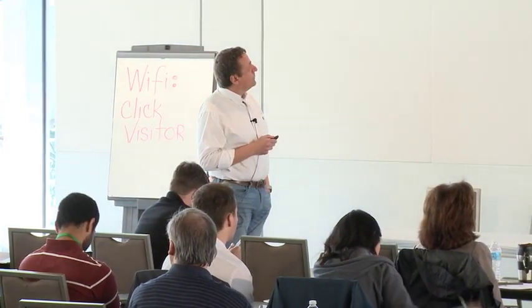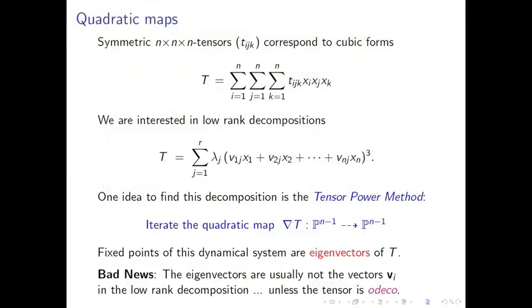Okay, so this you're very familiar with. Let's go one size up. Let's think about the n by n by n Rubik's cube. So let's go over this for an n by n by n symmetric tensor. They correspond to cubic forms, just as matrices correspond to quadratic forms.